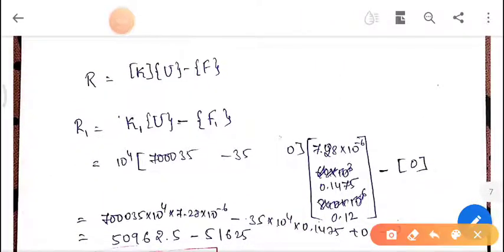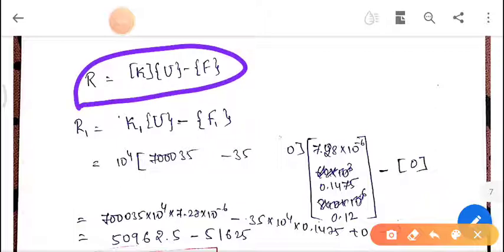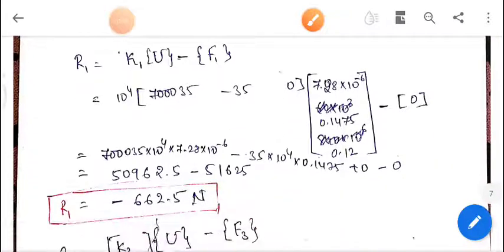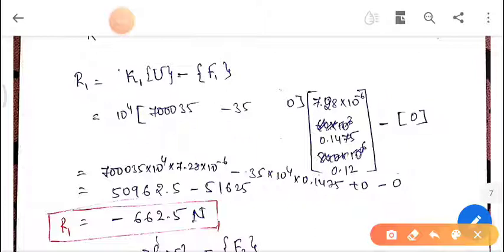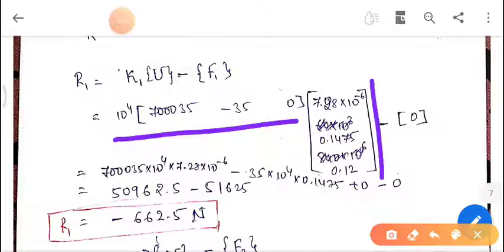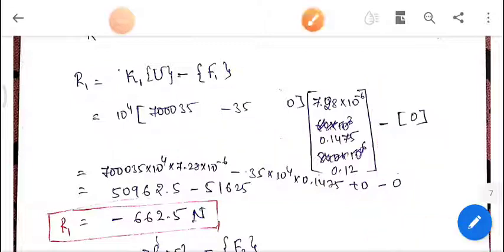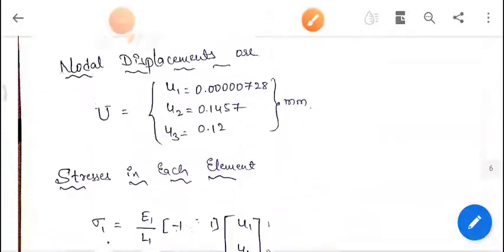The reaction is given by R is equal to K into U minus F. Wherever there is a fixed node, there we need to calculate the reactions. So the reaction we need to calculate like this: this is the first row of the global stiffness matrix, this is the displacement vector, minus we have F. If you see our equilibrium equation, you will understand.